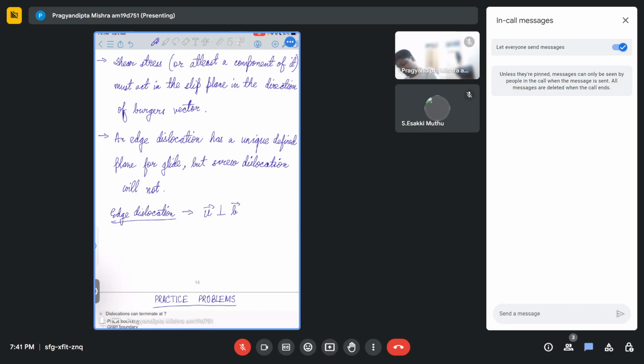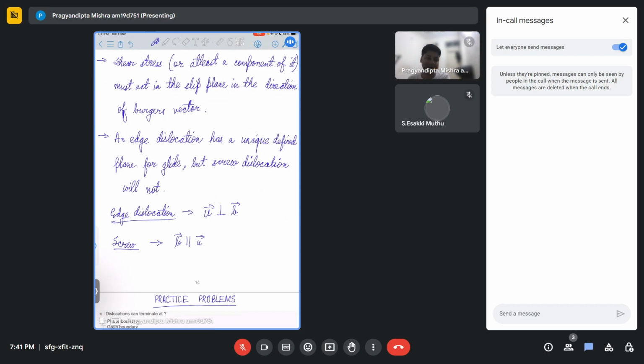But in screw dislocation, what is happening? Your Burgers vector and dislocation line are parallel, right? So therefore, this is not the only constraint that will define whether your glide will happen in a particular direction.